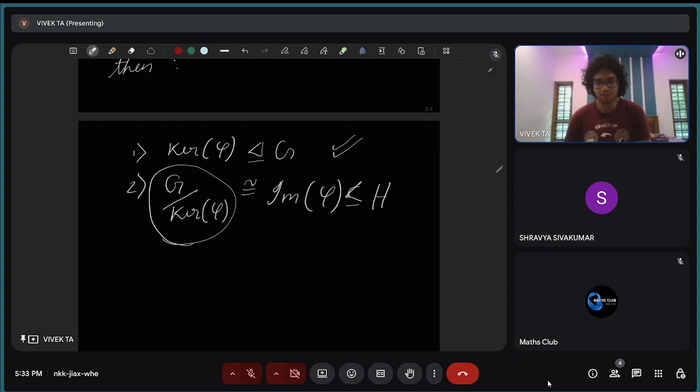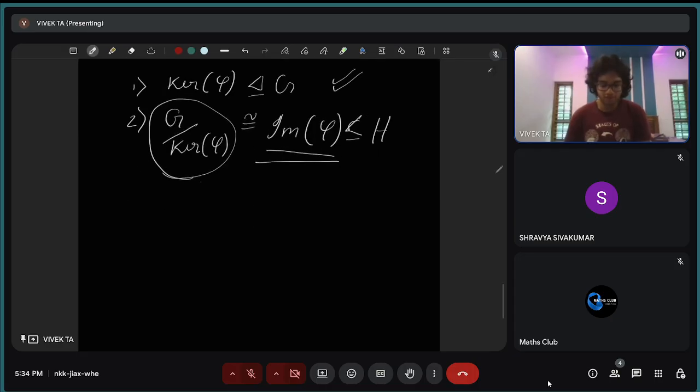Because as I said, an isomorphism does not tell uniquely what the element is going to be, but characterizes what an element is going to be. So in group theoretic language, we can exactly predict what the image is going to be. But first of all, we have to define what this is. And this is what is called a quotient group.